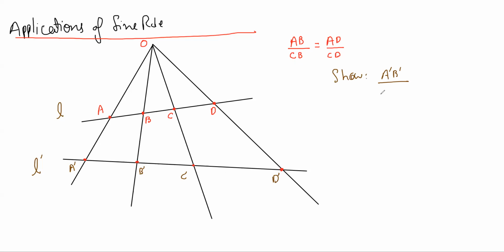Show that A prime B prime by C prime B prime equals A prime D prime by C prime D prime. This is not a trivial result. It will probably take a little bit of work to prove, but I will first begin with a very simple version of this.